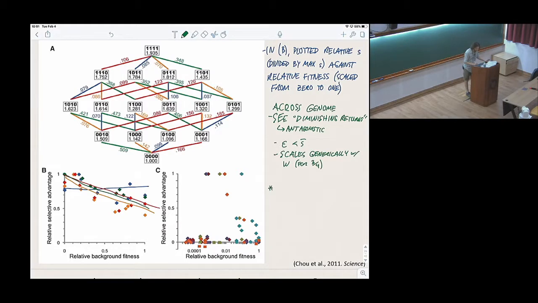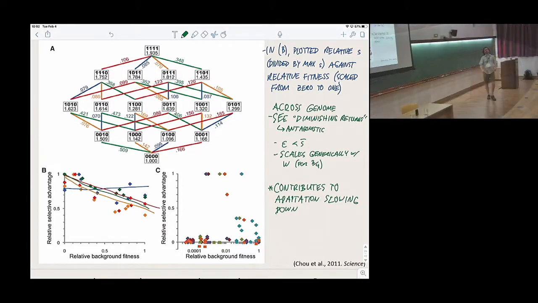One thing that is important about this is that it's a contributing factor to adaptation slowing down, which you saw from our data, from Rich Lenski's data, et cetera. One way of thinking about it is that because of the bias, beneficial alleles have to escape drift, and all the cool stuff that Lindy is going to talk about pretty soon.